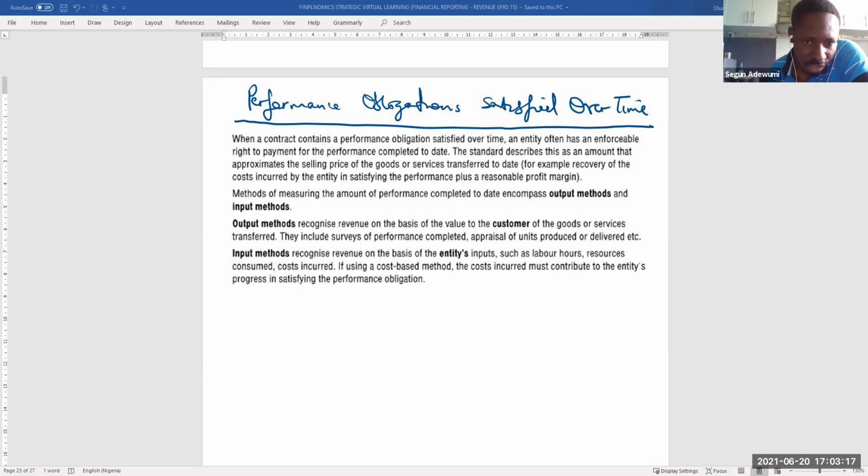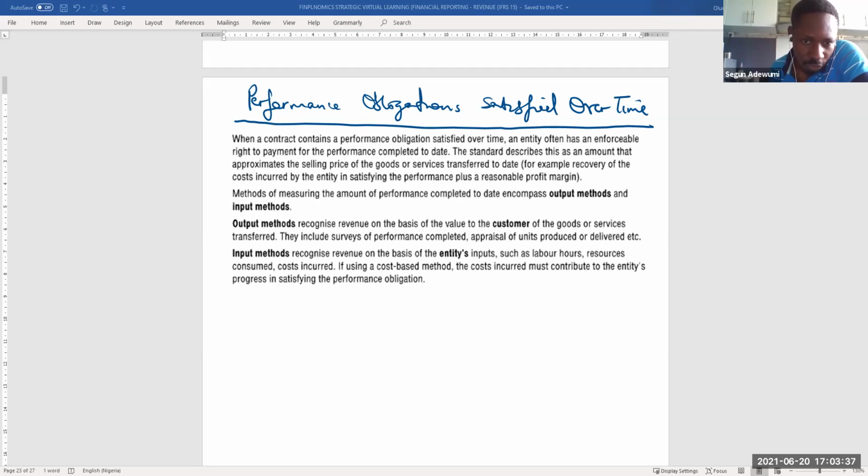Methods of measuring the amount of performance completed to date encompass output methods and input methods. Output methods recognize revenue on the basis of the value to the customer of the goods or services transferred.